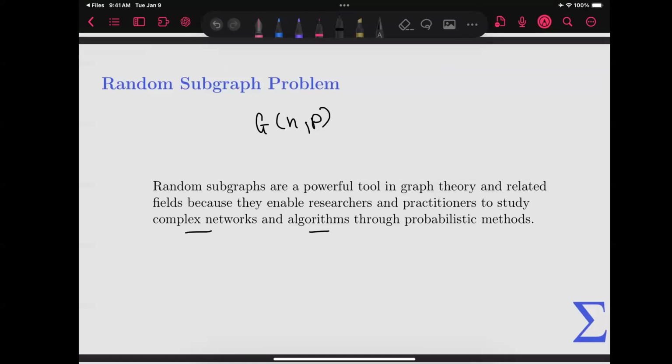That's when you have to use a random graph. If you have a graph G with n vertices, and p is the probability that two vertices will have an edge, that is how a random graph works.